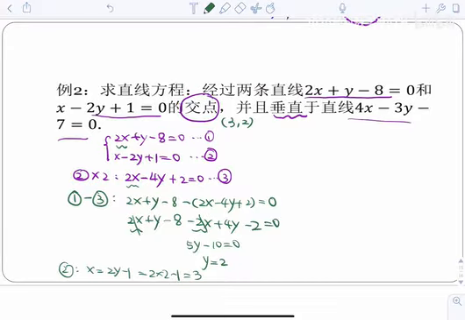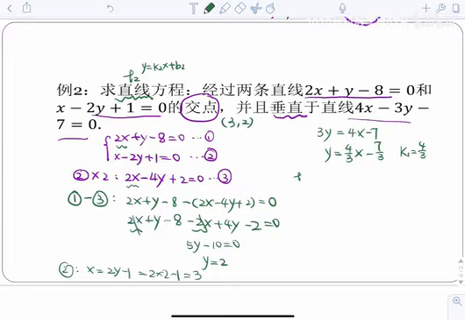And here it is perpendicular to this line, so we should change the form. 3y equal to 4x minus 7, and y equal to 4/3 x minus 7/3, so K1 equal to 4/3. I call this L2, so here is K2, y equal to K2 x plus b2.